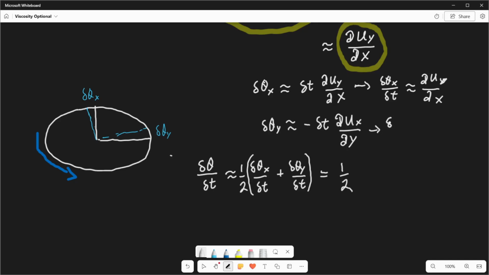So delta theta y over delta t is basically going to go like u y d x. And so these equations can just be put into this, except there's one more thing I need to put in. That's a negative sign. So there was a negative sign out here. So this thing can basically go and then just substitute these things in to here.